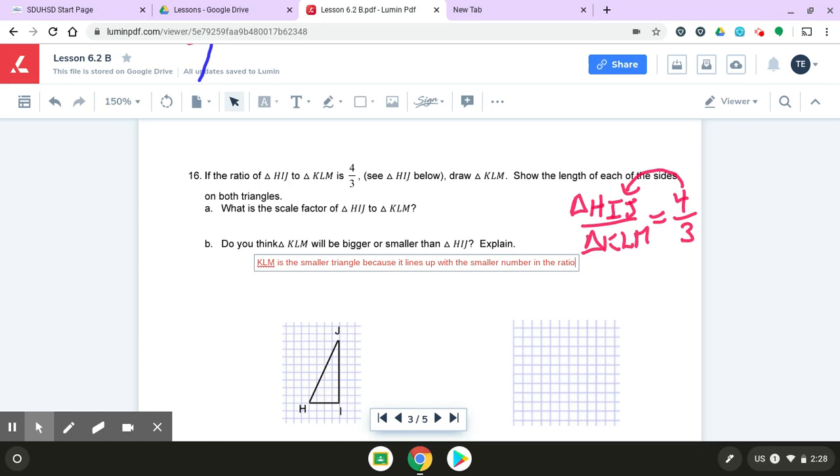Okay, what's the scale factor? So HIJ to KLM. So really, I could think of it as the ratio is going to be the reciprocal, so I know it's 3/4.